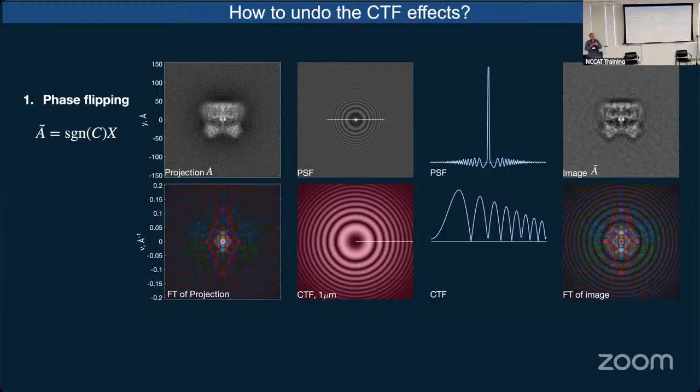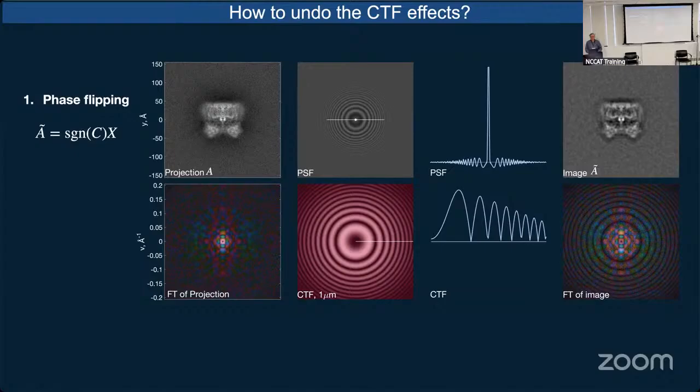So we basically take the Fourier transform of the image and multiply it by this 1, minus 1 pattern that looks like the CTF. And when we do that multiplication, then in effect what we're doing is we're operating on it with a CTF that looks like this. It's always positive, and that's the 1D slice through that. And you can see that it's doing a better job of giving you the original object back.